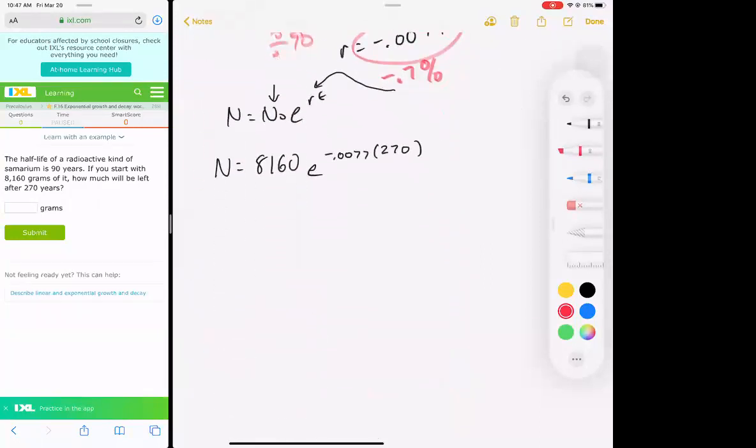So now that we have this magical rate number, we can plug it in a calculator, and that'll tell us how much after 270 years. Oh, we can do that. 8,160 times.